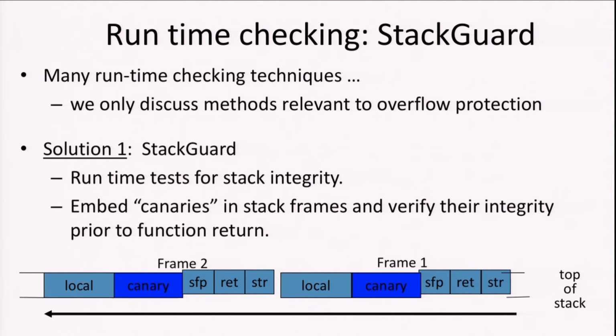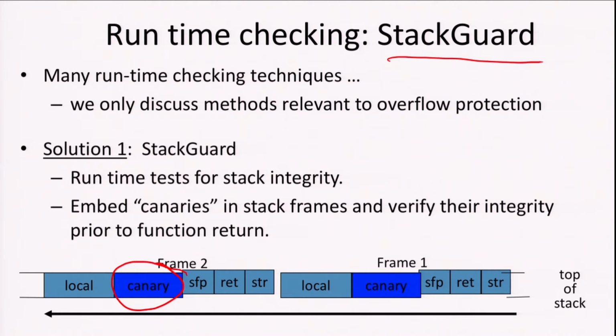The first example of such a system is StackGuard. StackGuard is a method by which, instead of having the stack frames organized the way we described before, between local variables and the return address and the function pointer and so on, there is a specific set of bits that are inserted, and they're called canaries.